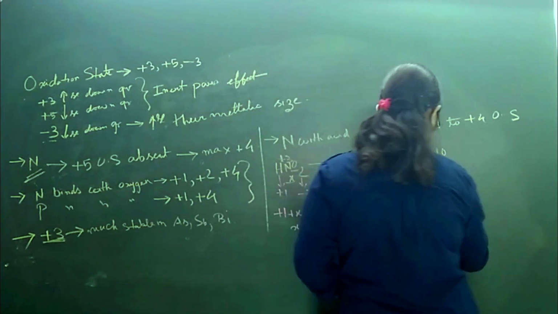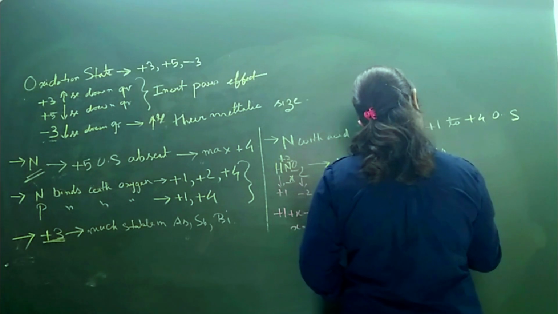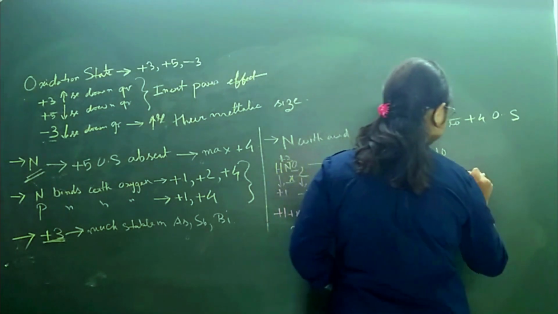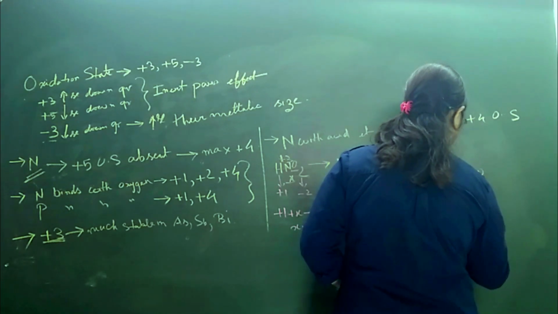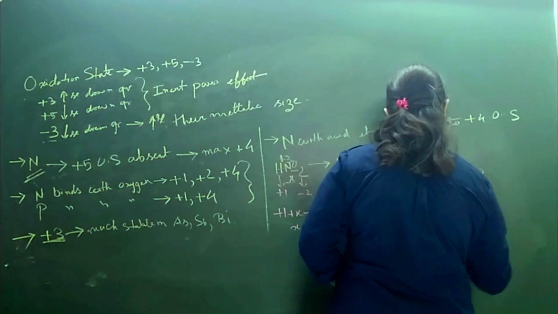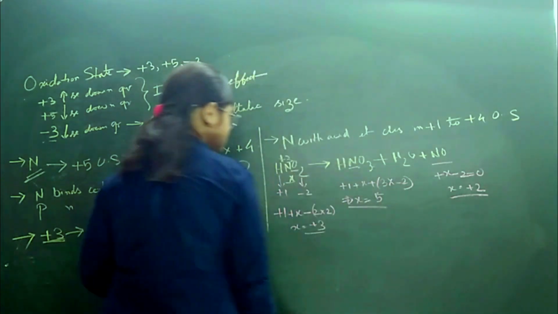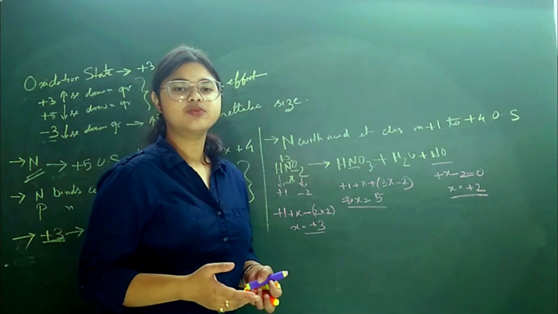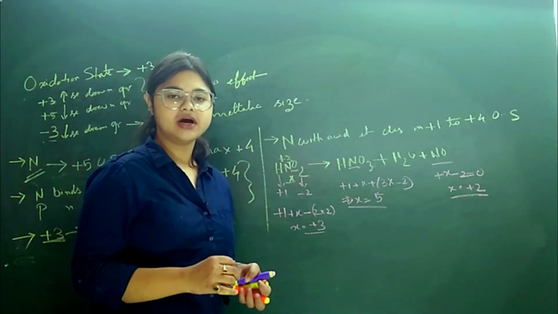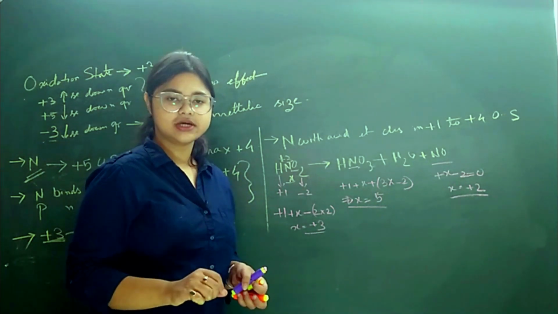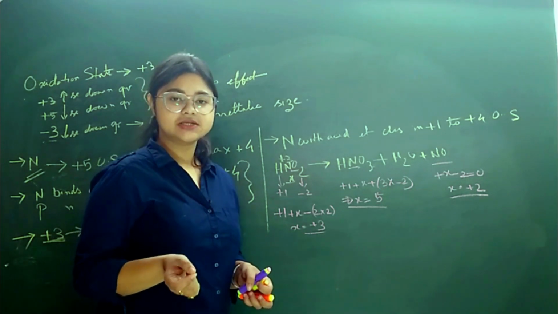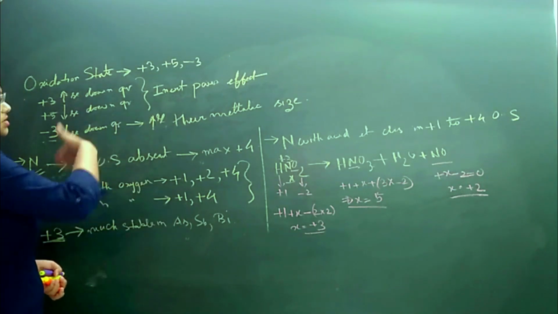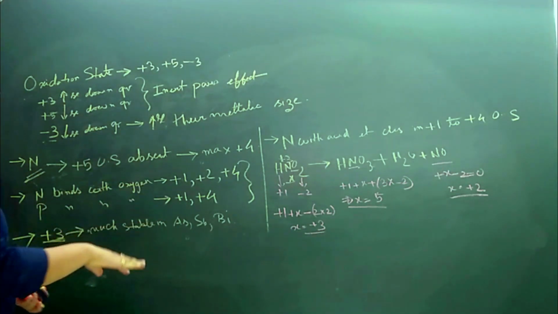And in NO, X plus -2, as there is only one oxygen, so X is +2. But when phosphorus disproportionates in acidic or alkali medium, the intermediate oxidation state is between -3 to +5.